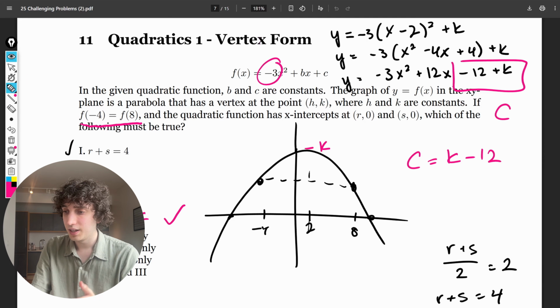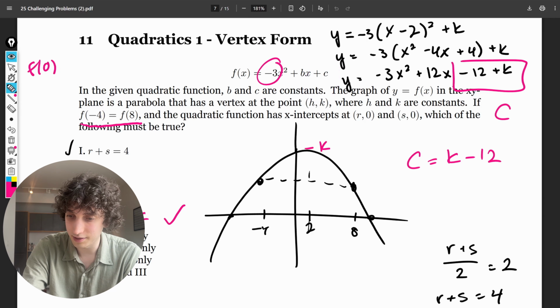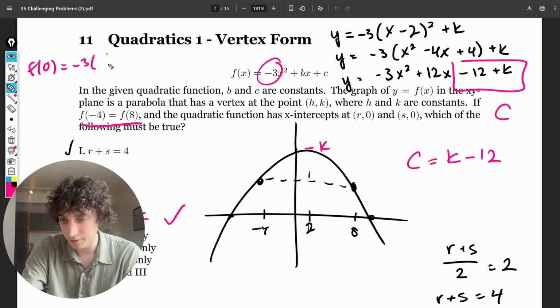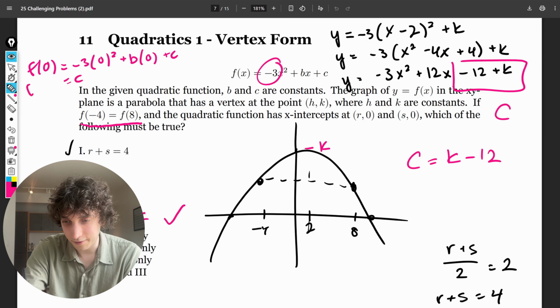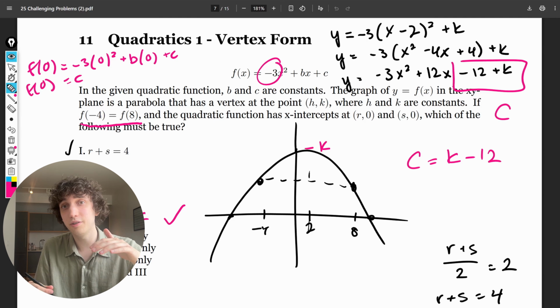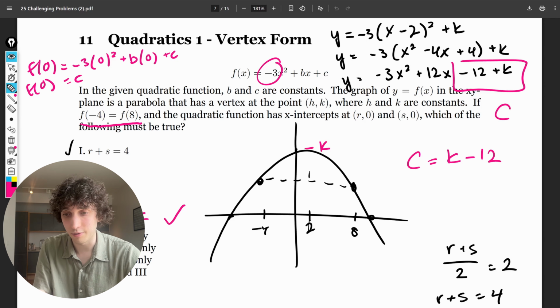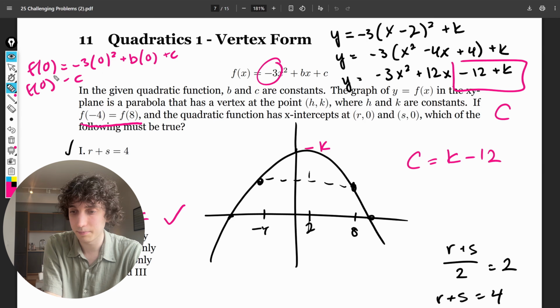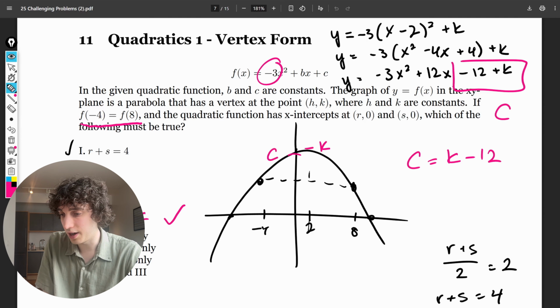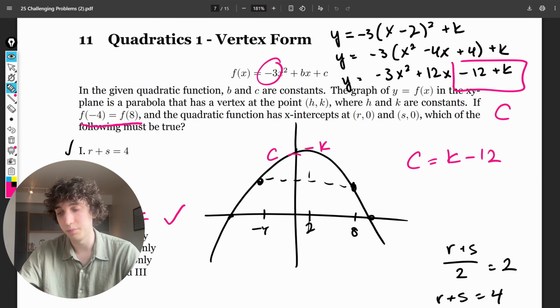And c is the y-intercept of the function. Think about this as if I plugged in 0 for x, I would get -3 times 0 squared plus b times 0 plus c. That means f of 0 equals c. So c is your y-intercept. That's always the case for any quadratic function. You should have that memorized. So if k is the maximum and c is the y-intercept and the function's downward sloping, we can see graphically that k always has to be above c.